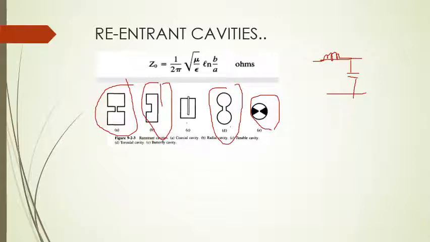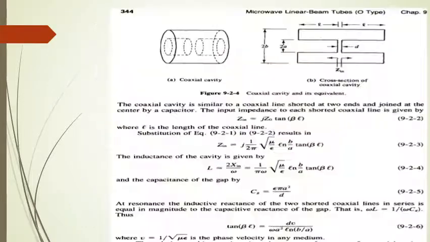To find the formula for the resonant frequencies, we are going to use the empirical formulas as I told you before. The first formula over here is Z0, the characteristic impedance of a coaxial cavity. That is 1 upon 2 pi square root of mu by epsilon natural log of b by a. Now, this is what I told you, a coaxial cavity.